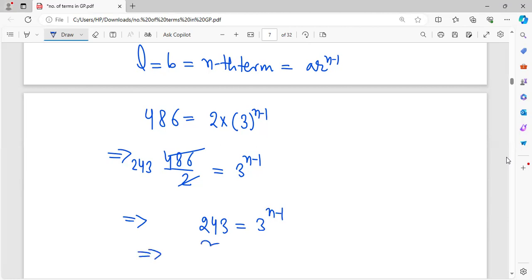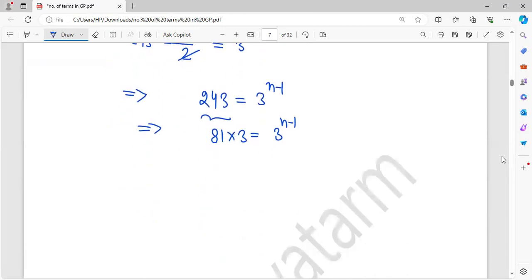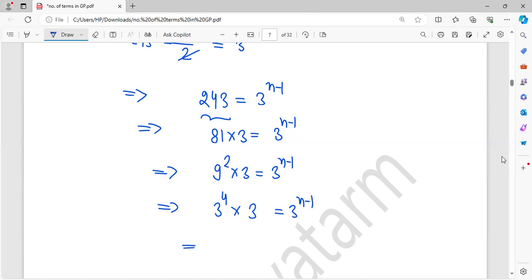I can write 243 as 81 into 3. So what is 81? I can write 9 square into 3. Now 9 is 3 square, so it becomes 3 to the power 4 into 3, 3 to the power n minus 1. Now this is 3 to the power 5.